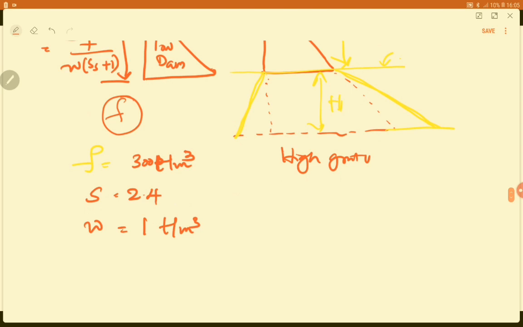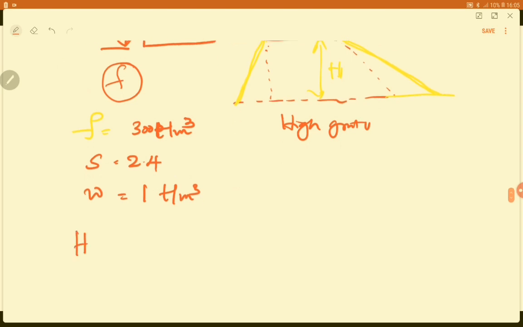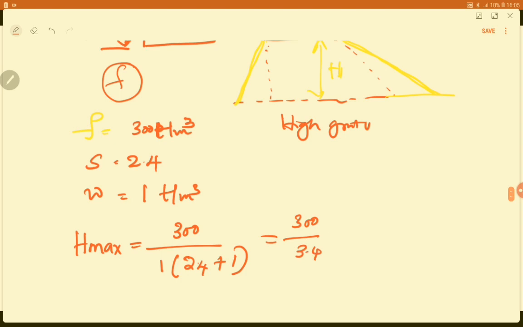Right? Now just do the calculation. You can find that H max of the low concrete gravity dam will be equal to F by W into (SS plus 1), that is 300 by 1 into (2.4 plus 1), considering C as 1. In that case, it is equal to 300 by 3.4, which is equal to 88 meters.